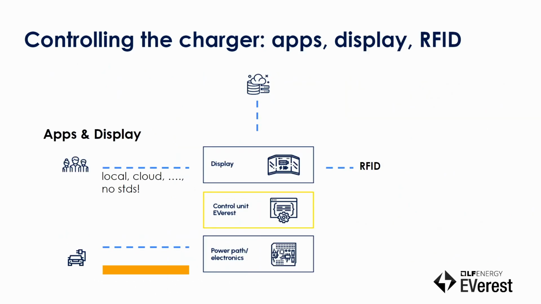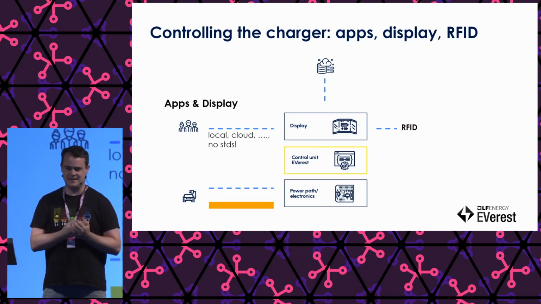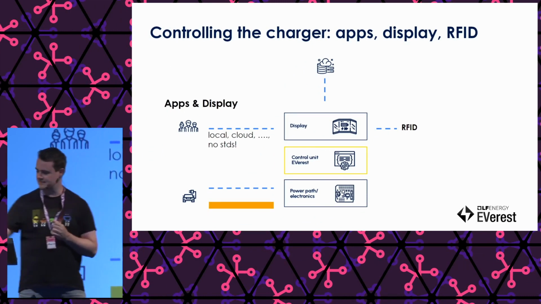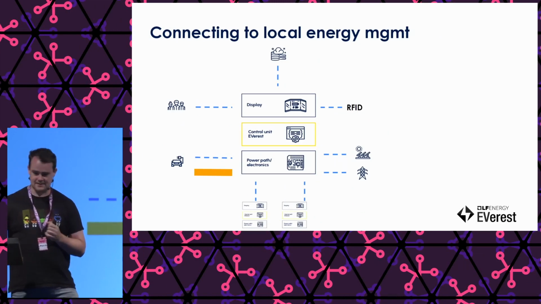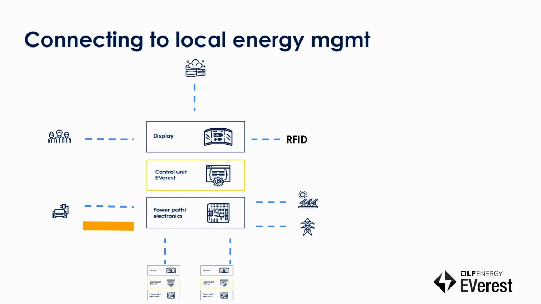Next level, you maybe want to talk to humans, so you have maybe a display, maybe an RFID reader, and there are no standards at all. Everyone is doing something different there. Then you maybe have other charging stations left and right. You have the electric grid where you want to draw power from.